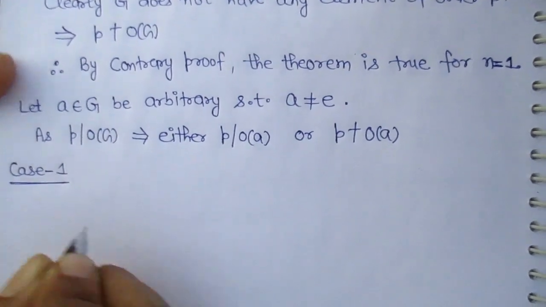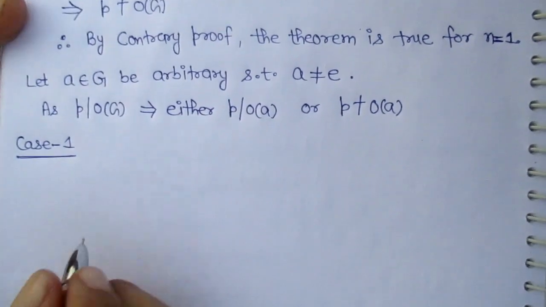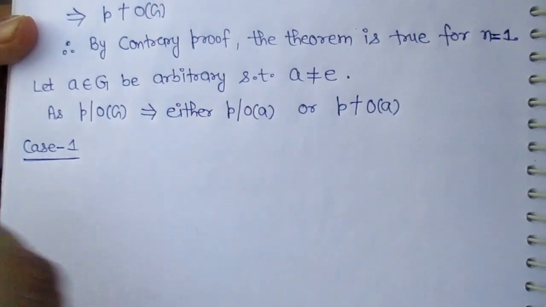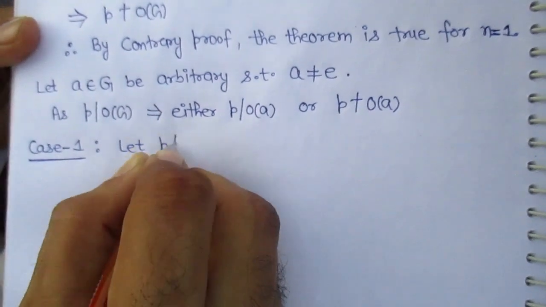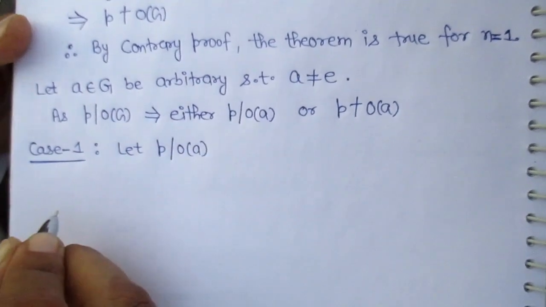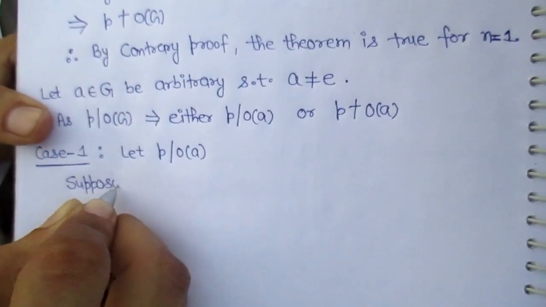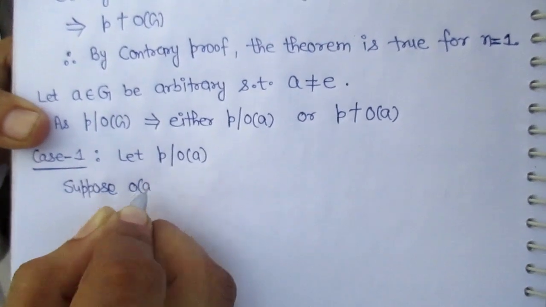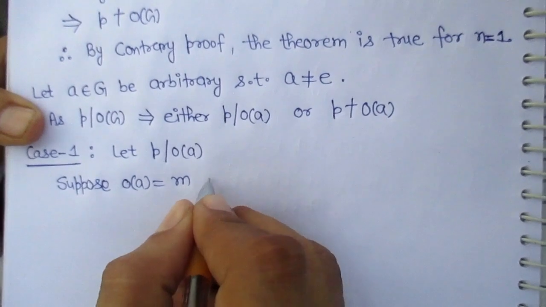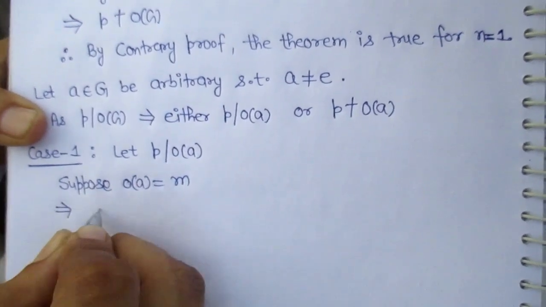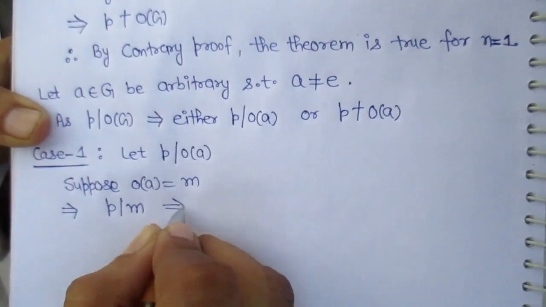केस 1 कर रहे हैं. Let P divide order of a. Suppose order of a is equal to m. It implies P divides m.